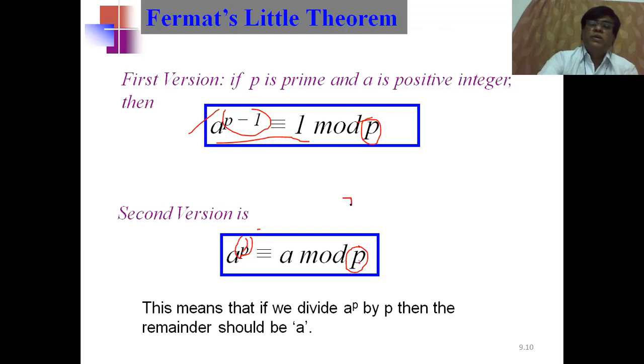For example, A power 5 is congruent to A mod 5.